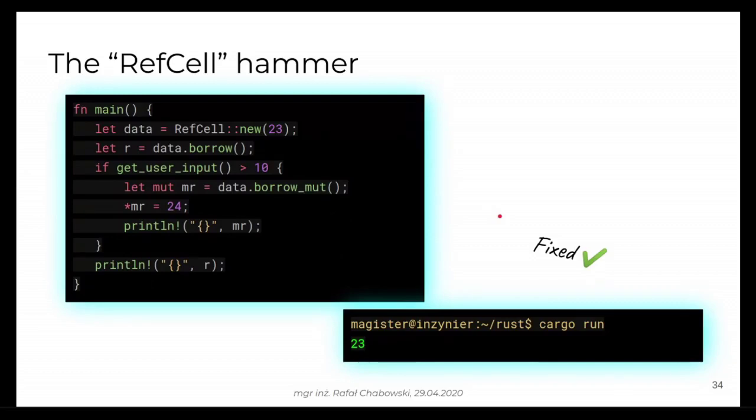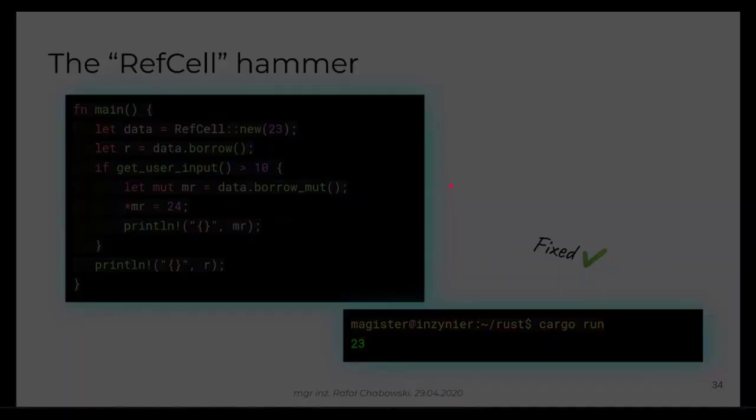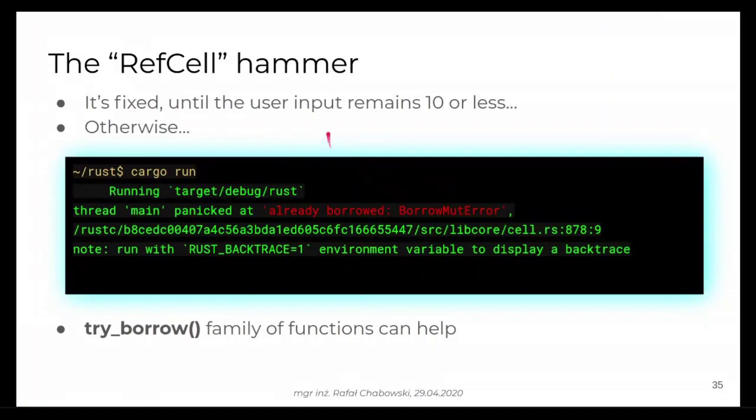What could go wrong? Yeah, it's gonna work correctly as long as the body of the if is not executed. In the other case, you're gonna be slapped in the face, but only during the runtime. RefCell will make sure that you're not gonna get this borrow mut, this mutable reference, if you are not allowed to.